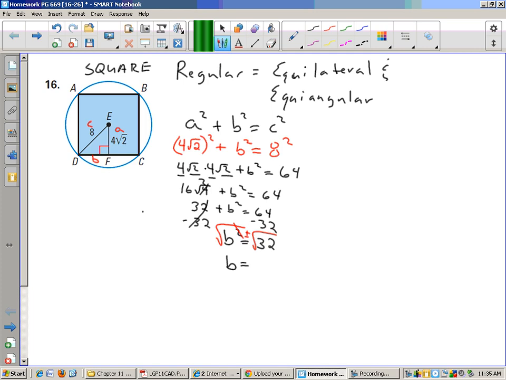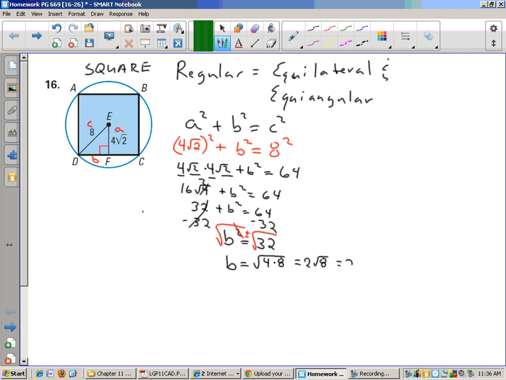So b equals the square root of 32, which I know is going to be 4 times 8. What's the square root of 4? 2. I can take that out, right? So that's 2 root 8. But 8 is just 4 times 2, right?